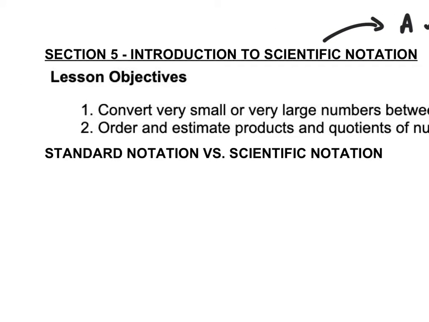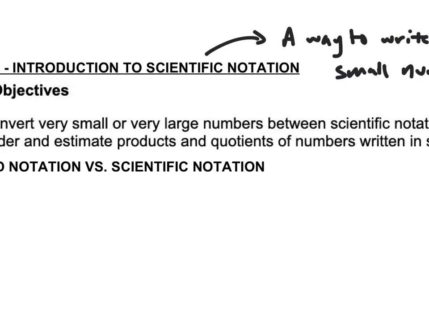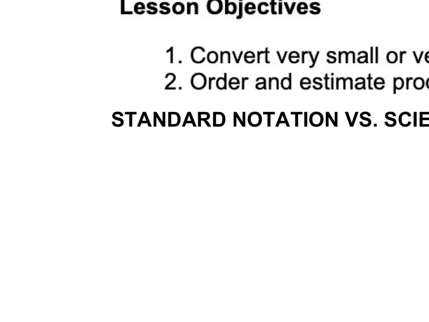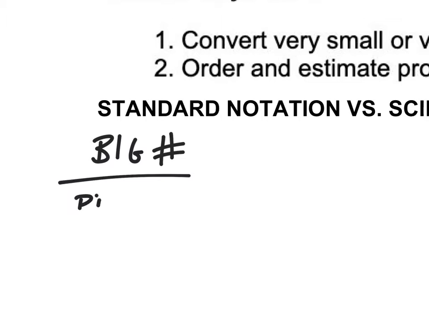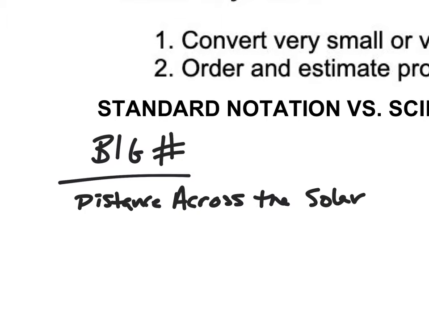Now I want us to think of a real-world example when we're talking about really, really big numbers and really, really small numbers, okay? So let's think of a big number first. And for a big number, I want us to think about the distance across the solar system, okay?